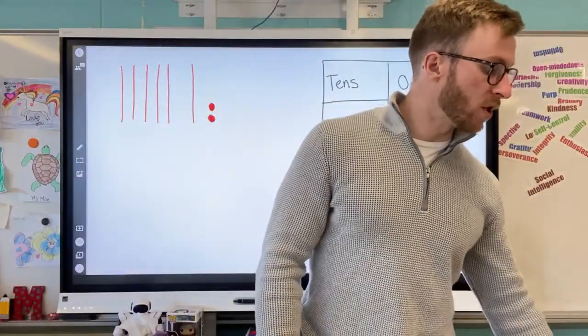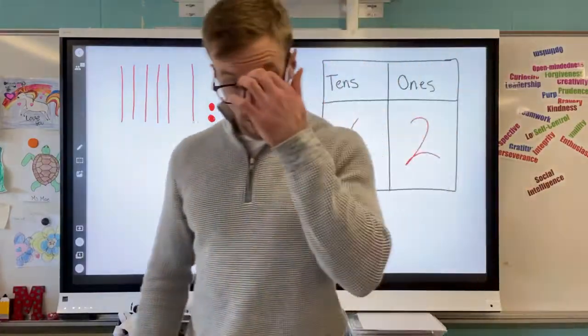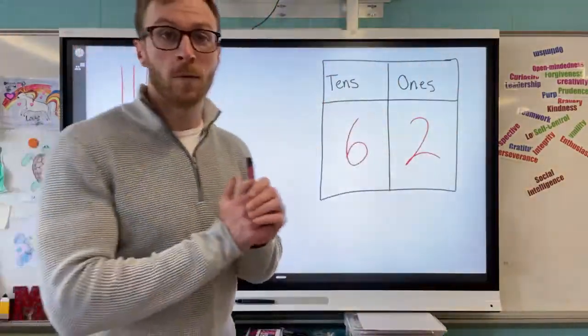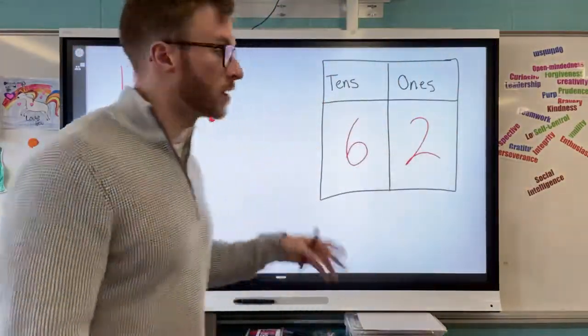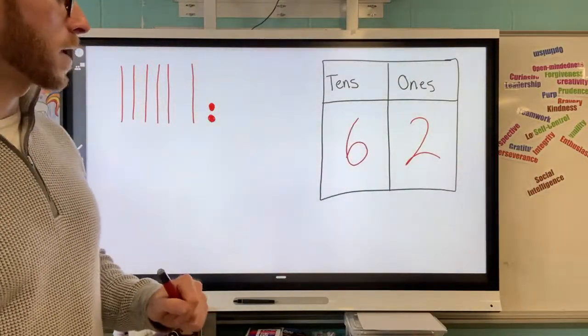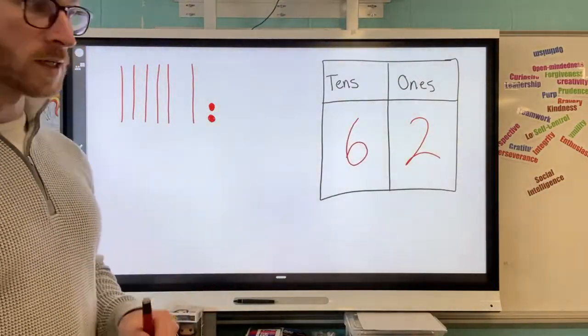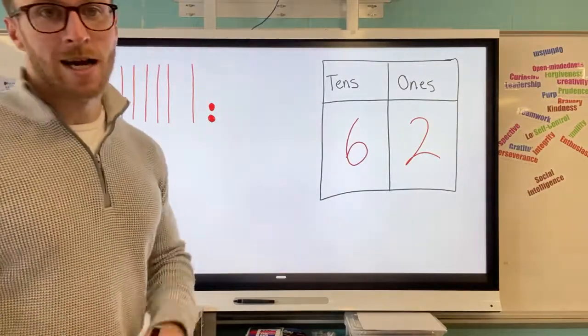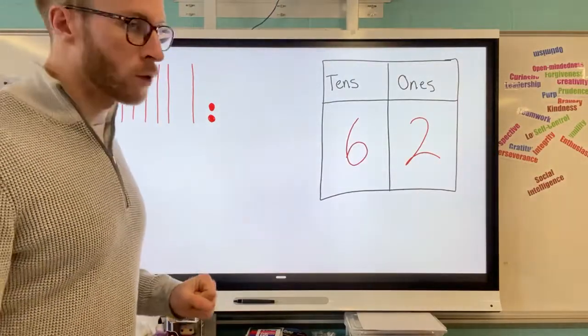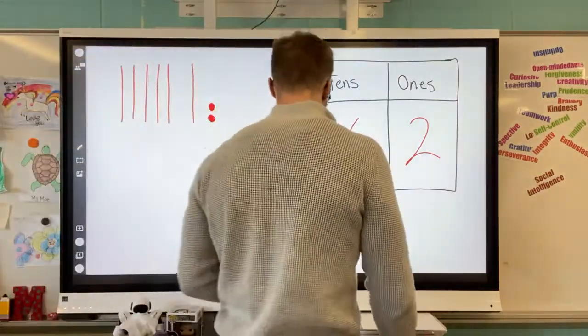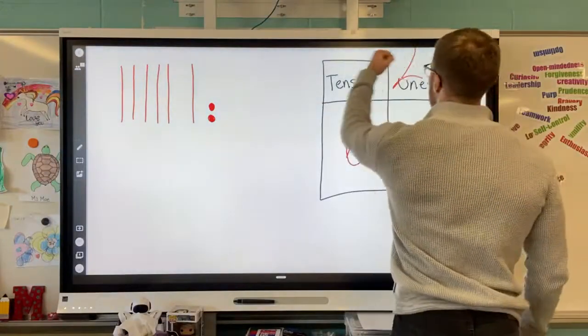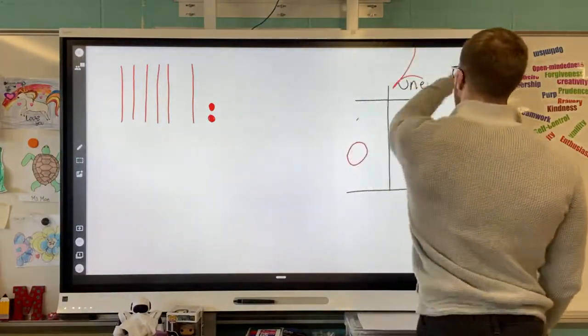So now I want you to tell me what 1 more than 62 is. Okay? 1 more than 62. While you're thinking about that, I want this in a little bit different format, so I'm going to erase this and redraw it where I want it. Okay, what is 1 more than 62?